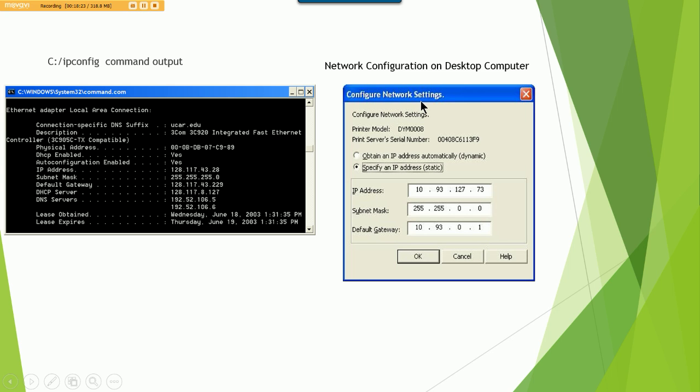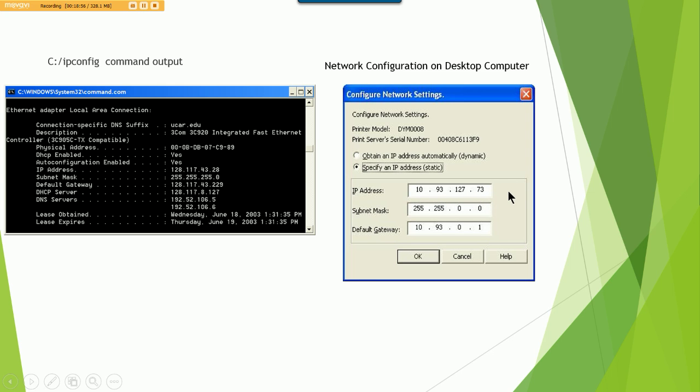Over here we have a network configuration of a static address. So somebody, the IT administrator, network administrator, or someone went into the software on the computer and they came up to the prompt that would allow them to enter in an IP address, as you see here. The first thing you would have to do is make sure you click this radio button, specify an IP address statically, or static, and then you would type in 10.93.127.73.